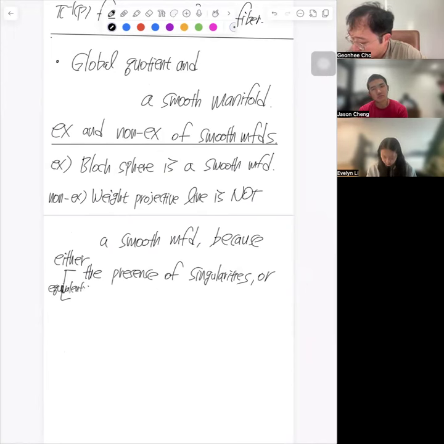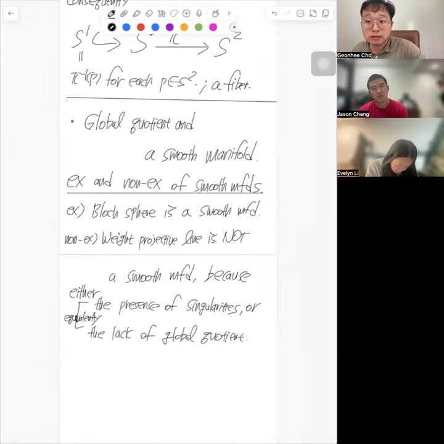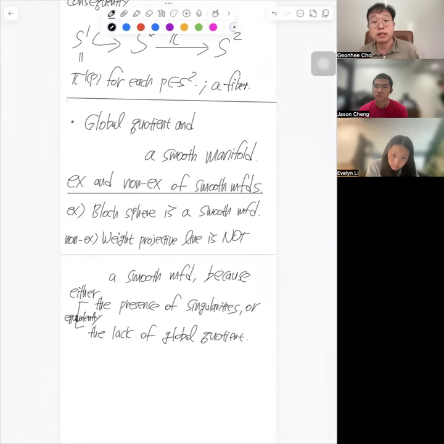equivalently, the lack of a global quotient, which from now on I should explain. The term regarding the global quotient, you need to connect with the so-called smooth manifold.